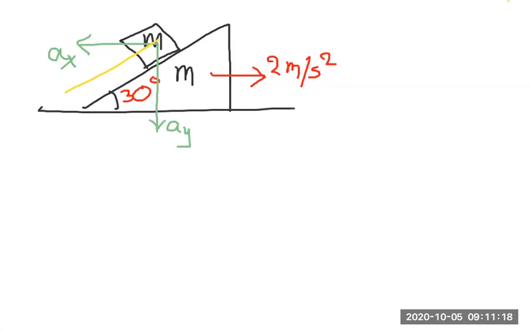But now, since the wedge itself is moving, I cannot comment on the direction of motion of the block. So I have assumed ax and ay. अगर कहीं मैंने गलती करी है तो वो कंपोनेंट जीरो आ जाएगा.